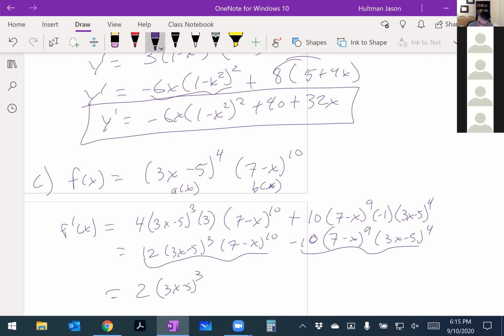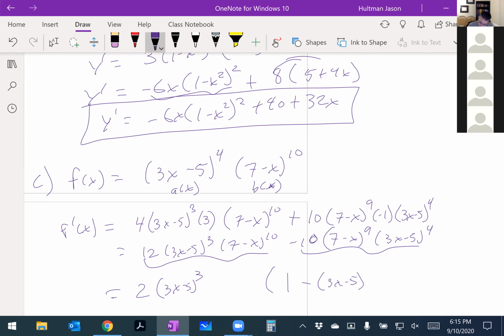And so what's left over, I'm going to put some parentheses here, is 3x minus 5 minus 1. Okay, so I get a 3x minus 5. Actually, it's the other way around, sorry. It's going to be 1. And then over here, it's minus a 3x minus 5. 1 3x minus 5 is left over.